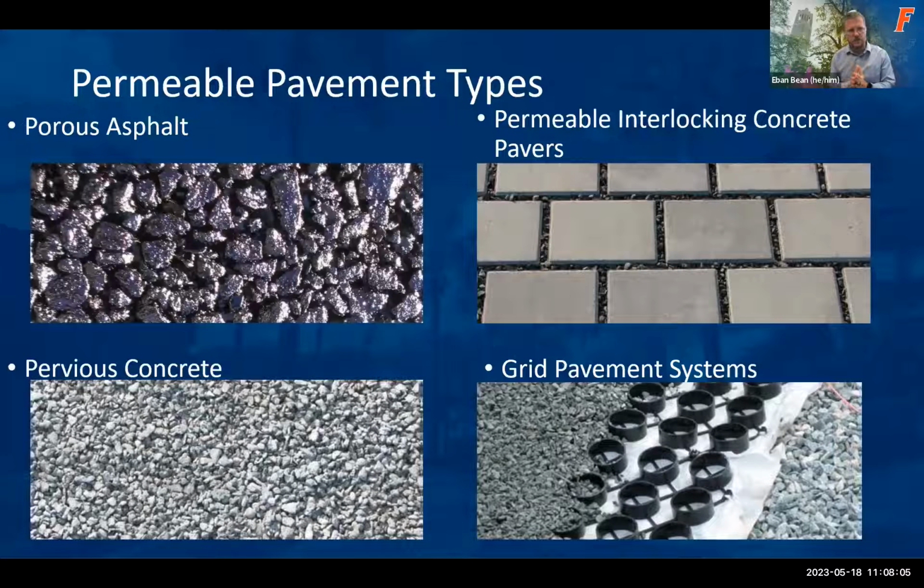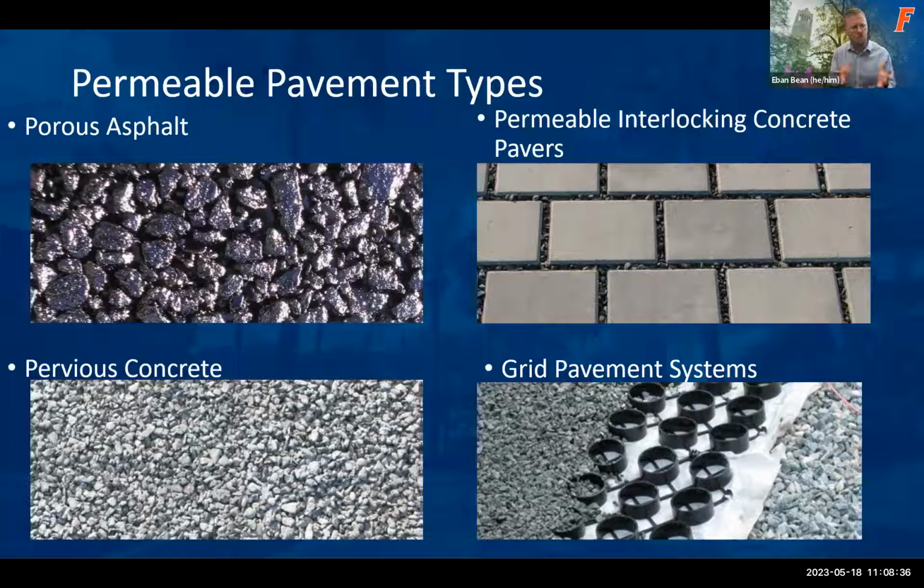Just to differentiate here, the porous asphalt and pervious concrete are poured in place systems, whereas permeable interlocking concrete pavers and grid pavements are more of your modular pavement systems. Now the pervious concrete also has some new options as far as being modular as well, and I think that Jessica is going to cover that a little bit in her section. But these are the most common types of permeable surfaces that we generally see.